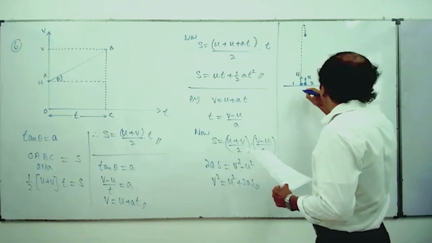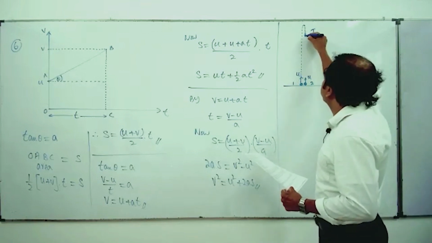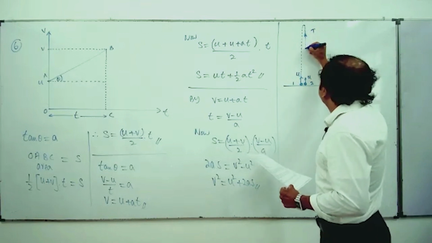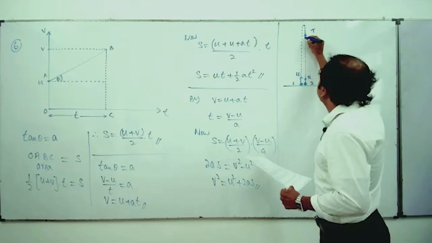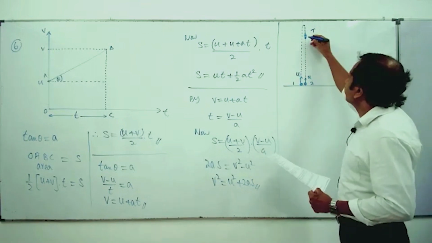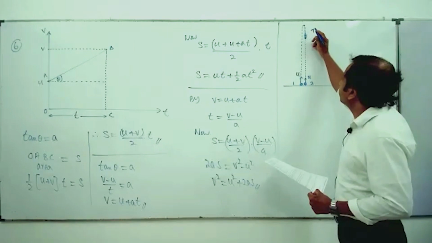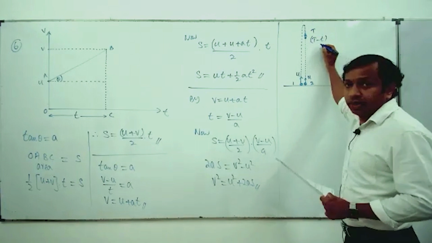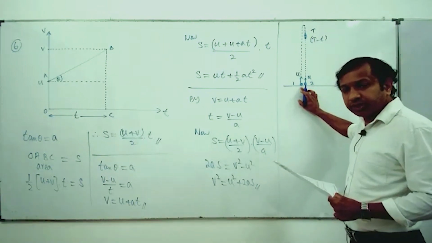If the first particle takes capital T time to reach this position, the second particle is projected a time small t later. Then the time taken by the second particle to reach this collision place is T minus t. Correct, no? Now, suppose in the morning, at 10 o'clock this particle is projected.